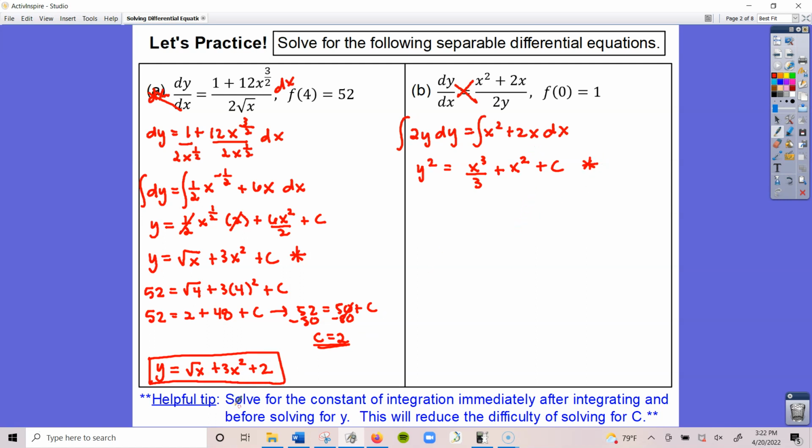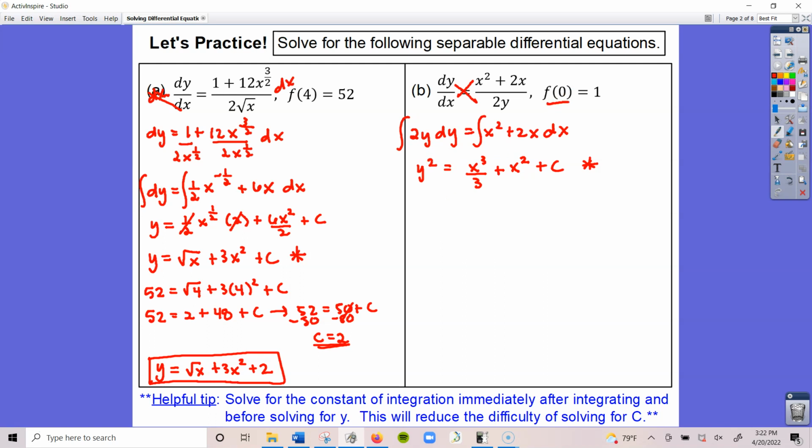Now I have here as a tip, solve for the constant of integration, meaning c, immediately after integrating and before solving for y. This will reduce the difficulty of solving for c. So what that means is here, even though my equation is not y equals blank, I can plug in my initial condition right now. It's actually easier than if you were to solve for y first in the long run.